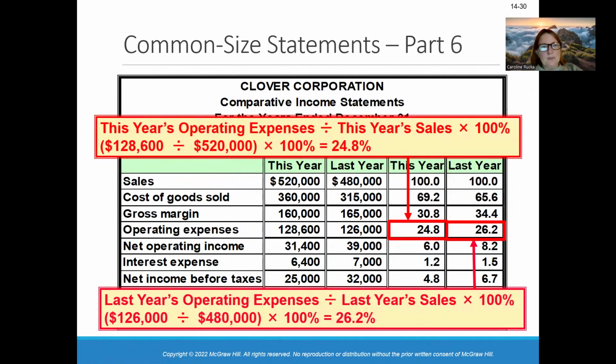This year's operating expenses divided by this year's sales is almost 25%. Our operating expenses are almost 25% of sales. Last year, they were almost 26% of sales.